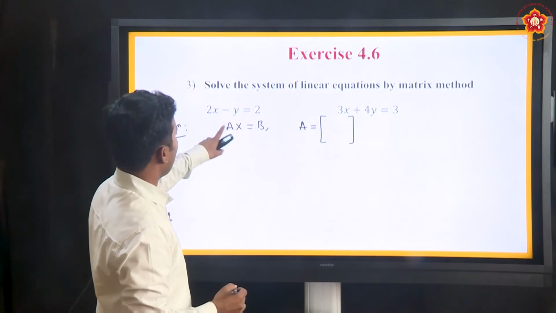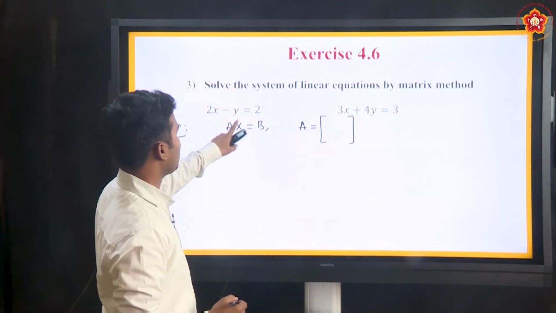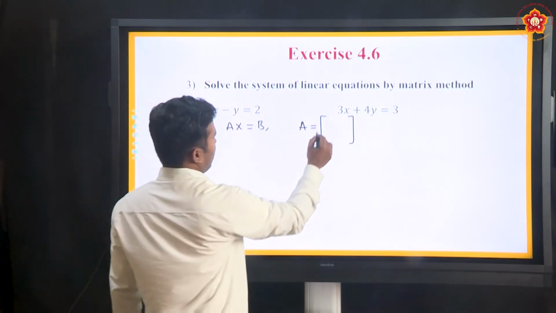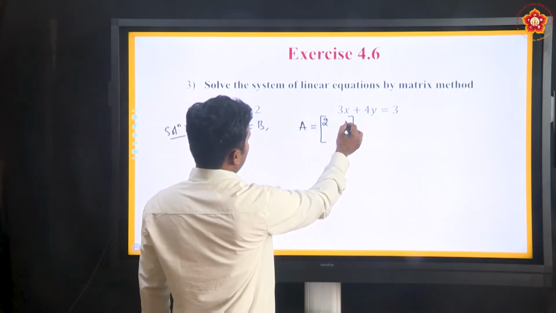Now, how are you going to write A? You just write the coefficients of the variables. Here, the coefficient of x is 2, and the coefficient of y is minus 1.